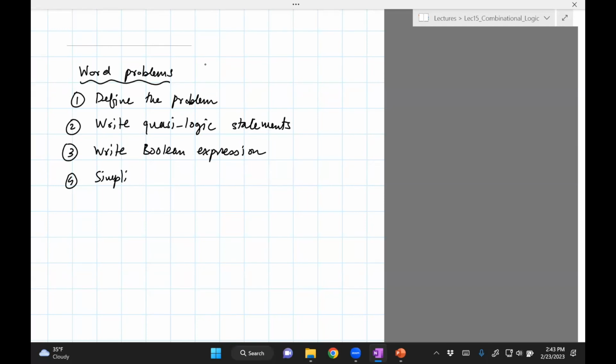Simplify to use minimum number of gates.